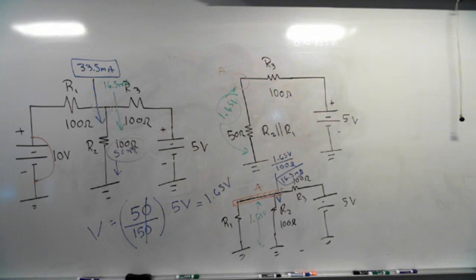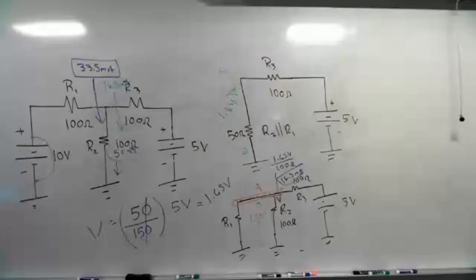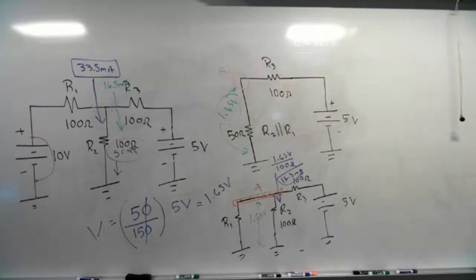So my question is about the first circuit. So I think we have a source of 10 volts and the total resistance of 150. So by dividing 10 over 150, where did you get 67 amps? I mean 67 milliamps.